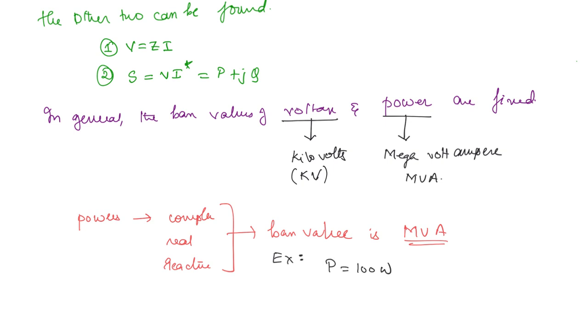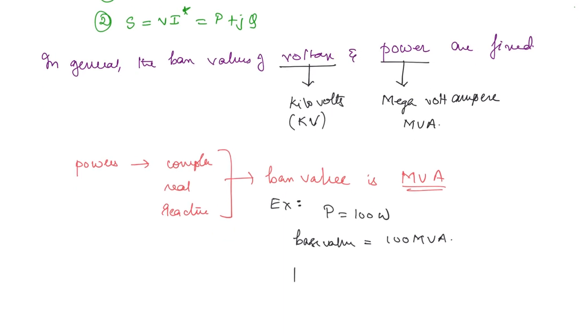Okay. For example, you can say the real power, let us say P is given as some 100 watts. Okay. And the base value is taken as 100 MVA. Then what will be the per unit value of the real power? This is equal to 100 watts divided by 100 into 10 to the power 6, or you can also write 100 watts in terms of megawatts.